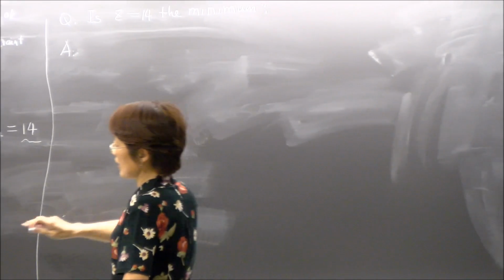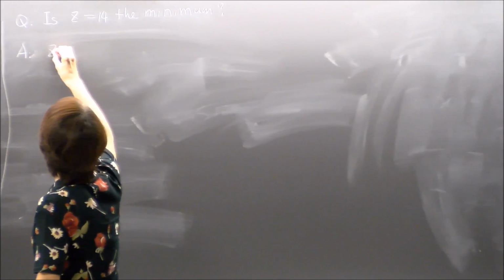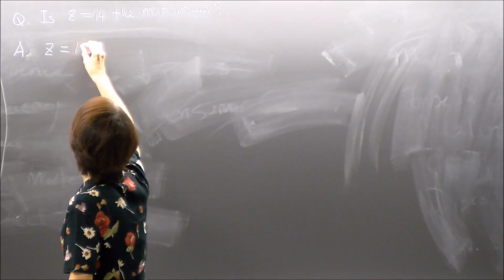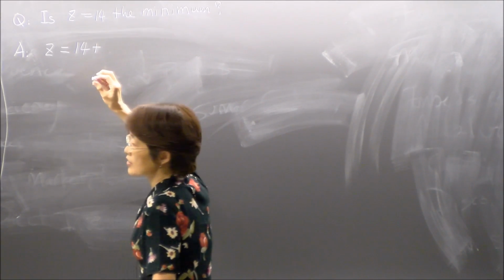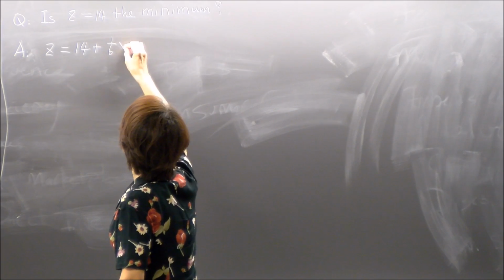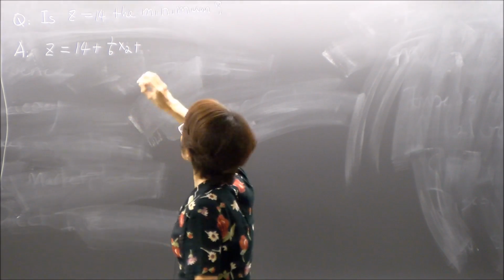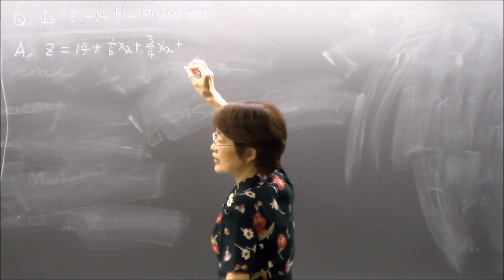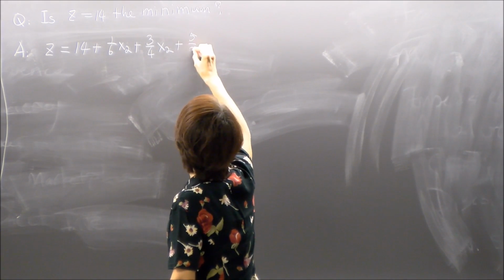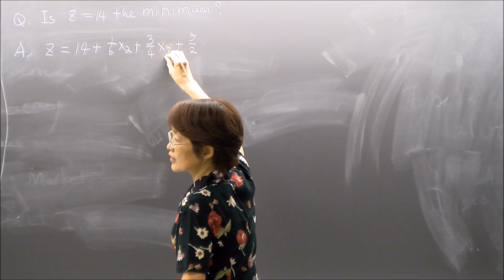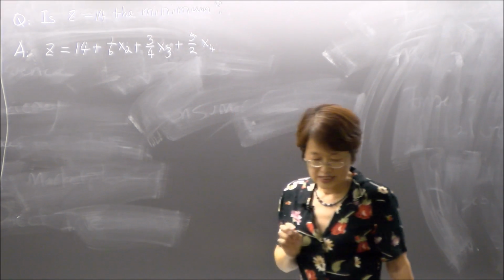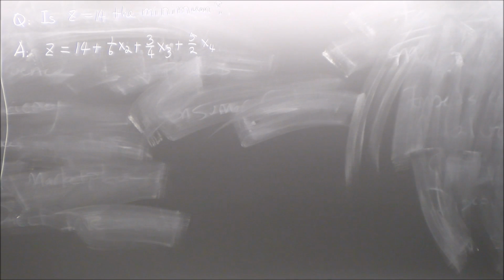If I write out now the objective function, what do I have? Z, I move the 14 to the other side. I have z equals 14 plus 1/6 x2, 3/4 x3, 5/2 x4. That's my objective function, right? Write it again as z equals to something.